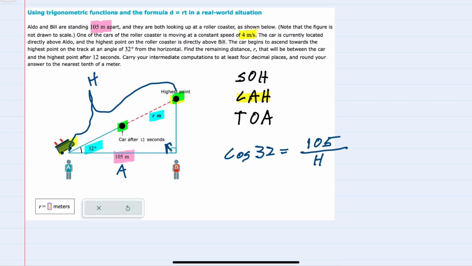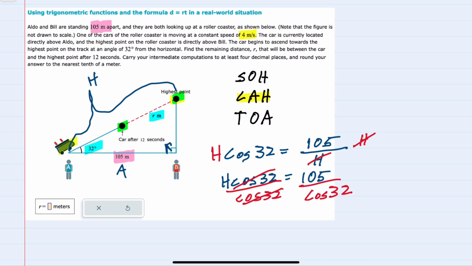But from here I can solve for the hypotenuse first by multiplying both sides by h to get that h out of the denominator. And then to get the h by itself, I can divide both sides by the cosine of 32. I will have the h by itself, and I can turn to a calculator here to do this calculation.